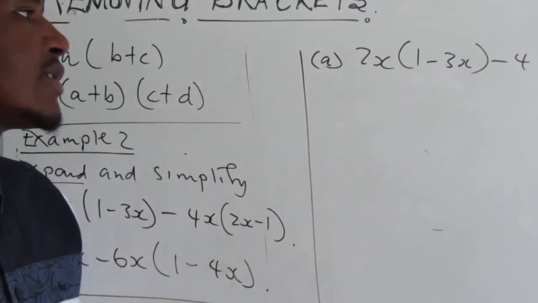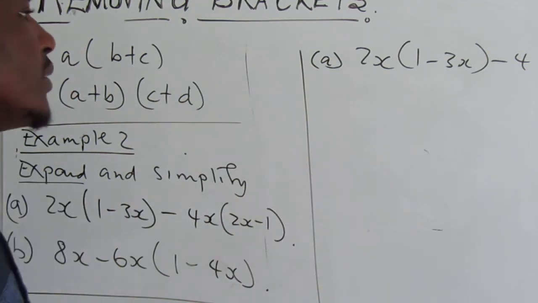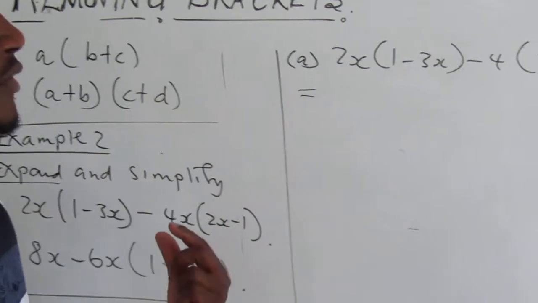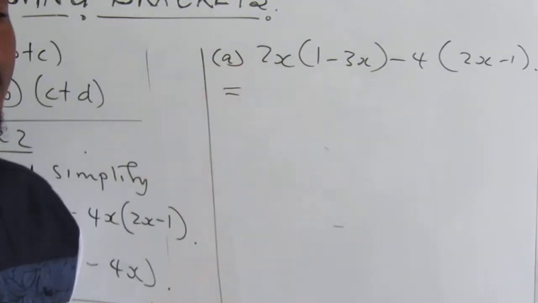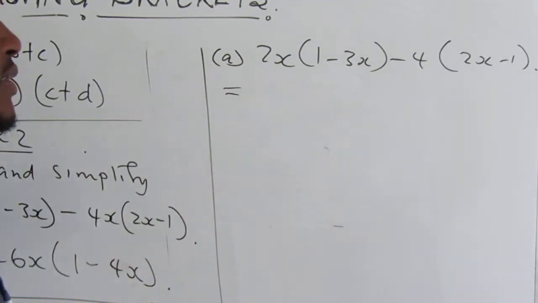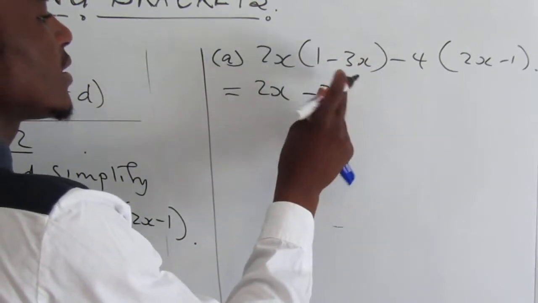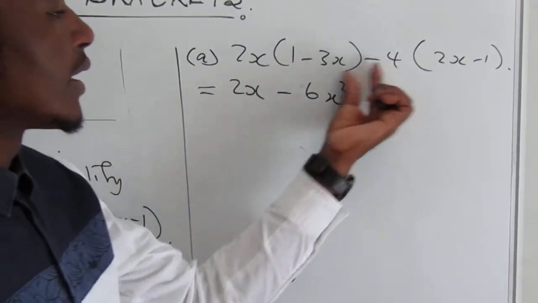After removing brackets, we proceed on to simplify the algebraic expression. How do we remove brackets? I've said when removing brackets, multiply all the terms inside the brackets by the term outside the brackets. So 2x times 1, we get 2x, 2x times 3x, we get minus 6x squared.